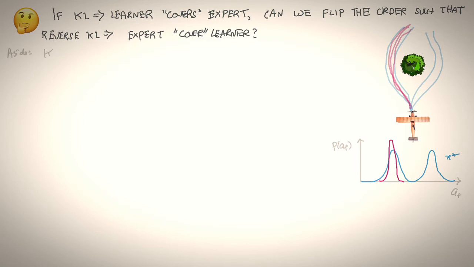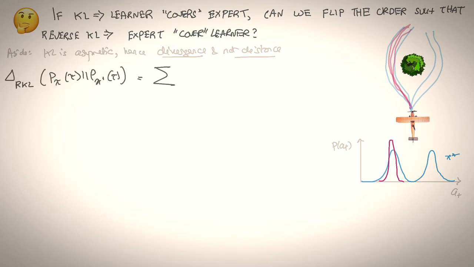By the way, because KL is asymmetric, we use the word divergence and not distance when we're thinking of the objective function, because distance is traditionally a symmetric metric. Okay, so back to our problem. We can write out the reverse KL expression as, again, expectation of the log density ratio, where the expectation is taken with respect to the learner distribution and the density ratio is learner over expert.